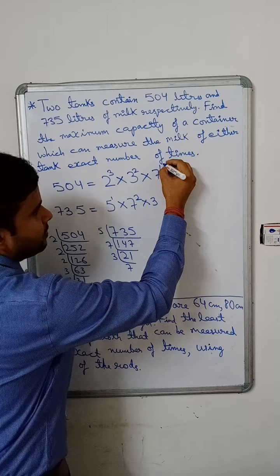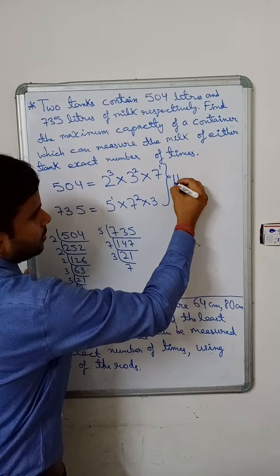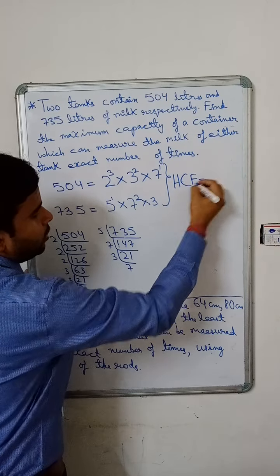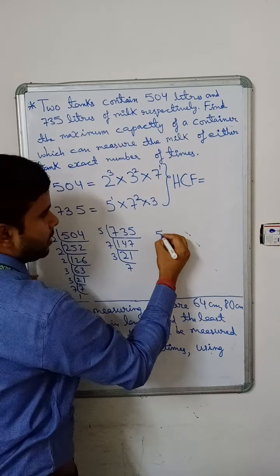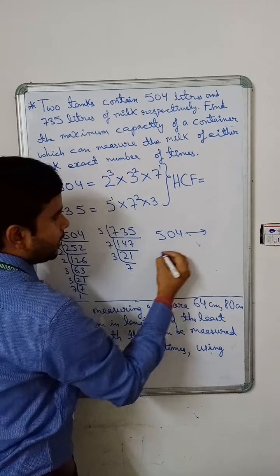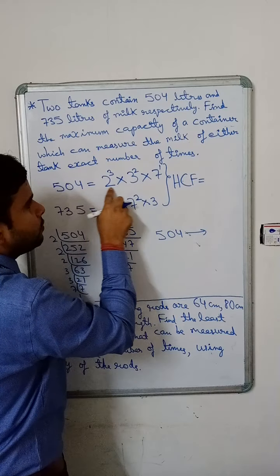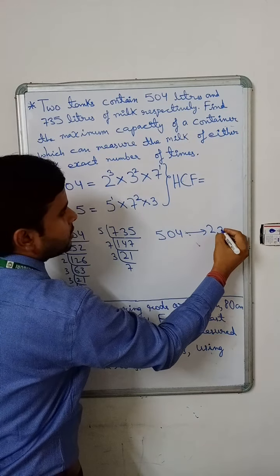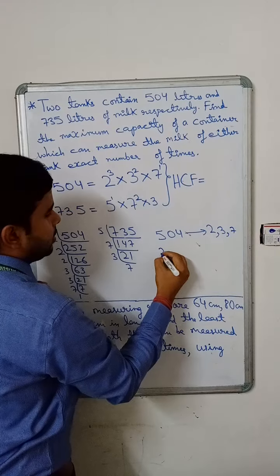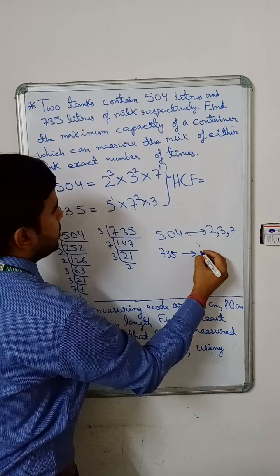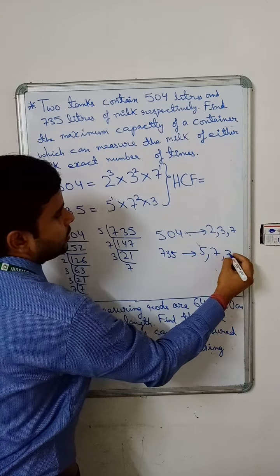So what is the HCF now? HCF will be equal to what? Just note down. What are the prime factors used here to factorize 504? It's 2, 3, 7. In the second number, it's 5, 7, 3.